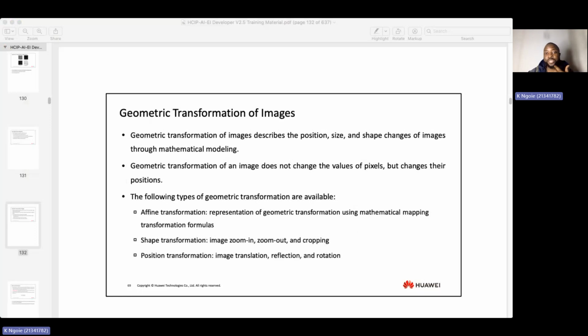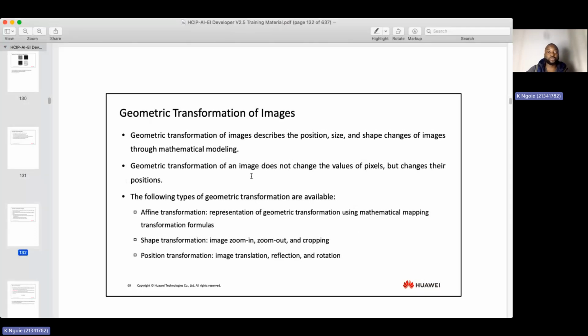All right, so we have many types of geometric transformation. You can have translation, scaling, resizing, rotation, shearing, reflection, flipping, affine transformation, and perspective transformation. So we have different types of geometric transformation.